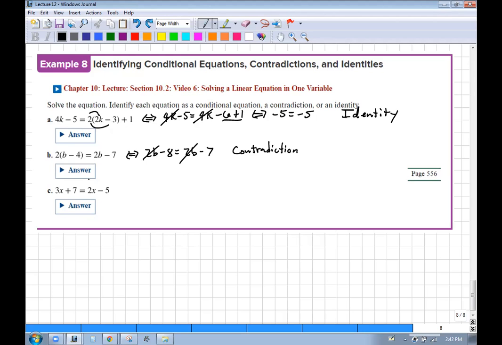All right, this one, let's subtract 2x from both sides. So we get x plus 7 equals minus 5. Subtract 7 from both sides. We have x equals negative 12. So this is conditional. This equation is only valid when x is minus 12.